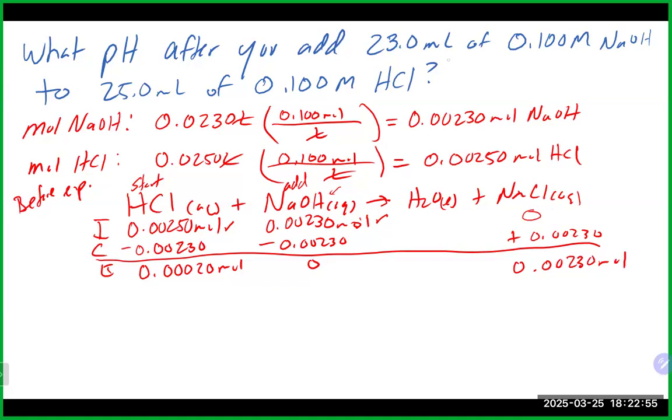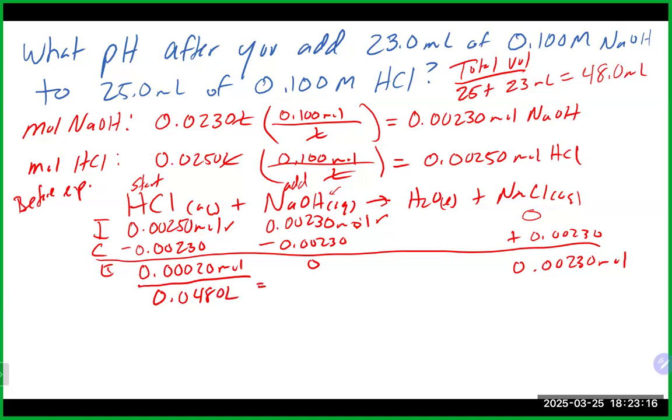Again, I'm going to convert back into molarity. My total volume at this point is the 25 milliliters I started with of the acid and the 23 milliliters I added of the base. That's 48 milliliters, if I'm not mistaken. So I'm going to divide this by 0.048 liters and convert back into molarity, and that will get me 0.00417 molar.